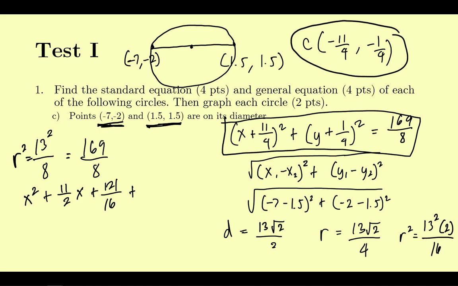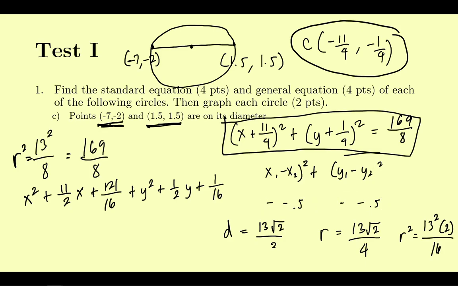Plus y squared plus 1/2 y plus 1/4 squared, that's equal to 1 over 16. Let me delete this part to make more space. It's equal to 169 over 8.